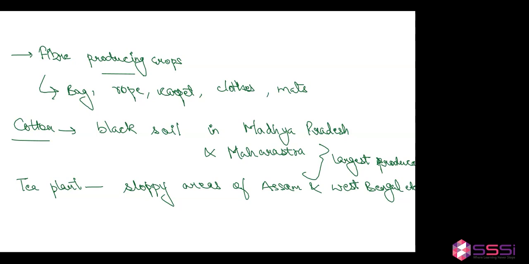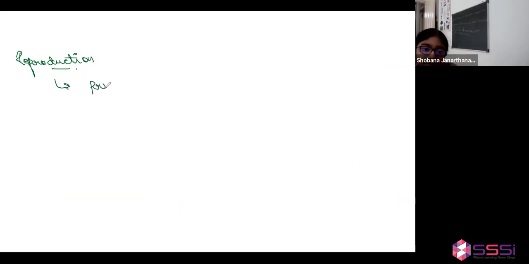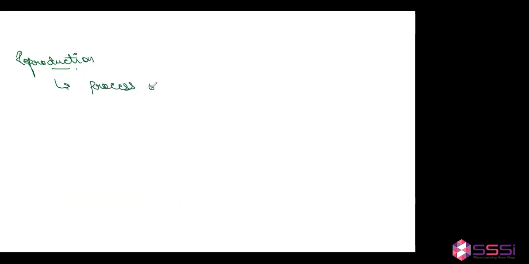Now we'll understand how reproduction takes place. Reproduction is the process of producing offspring of its own kind, right?